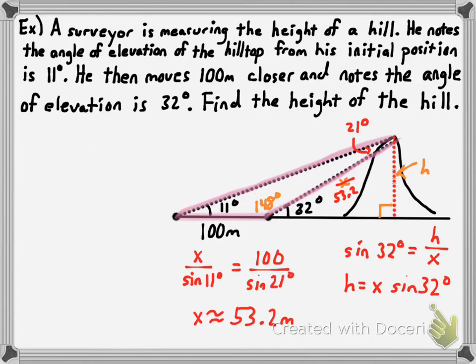So plug in your value of x, multiply it by the sine of 32, and you find out that the hill is about 28.2 meters tall. And since you introduced all the variables here, let's go ahead and write out a little sentence that says what you found. The hill is about 28.2 meters high.